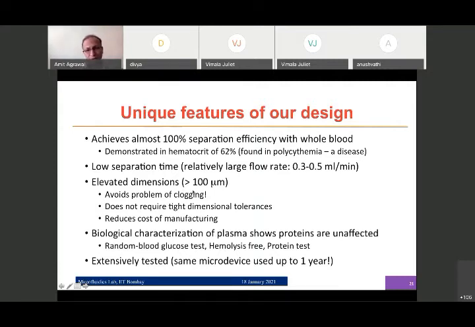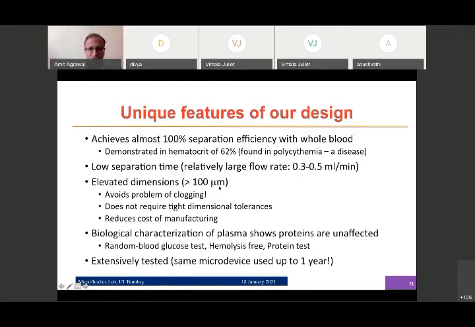It's not a big deal. Whereas if you're making a 20 micron passage and you have a 2 micron error, it has either increased or decreased the size by 2 microns, then it's a 10% change in your dimensions, and that can have a strong influence on the performance of the device. So this issue is also not there with our device.